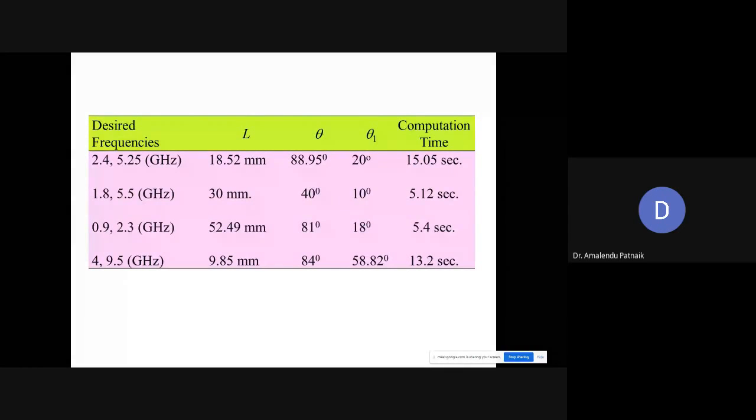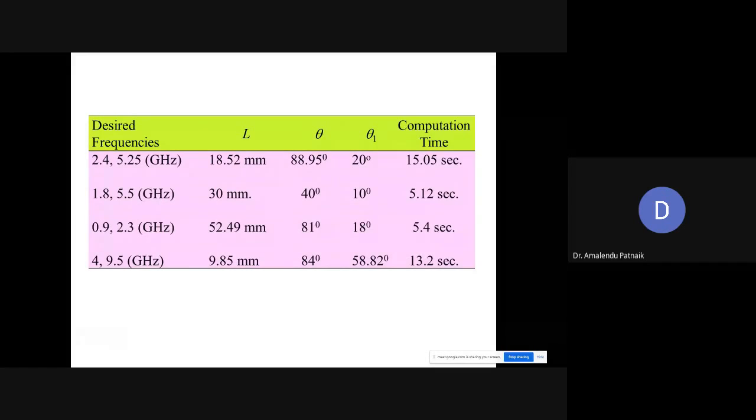Now suppose, think of a situation. Suppose you have not used ANN in this example. What is the other solution? You need to insert an RF optimizer inside a PSO or any other optimizer. In each iteration, the optimizer will create a possible set of solutions, that means one set of L, theta, theta 1.